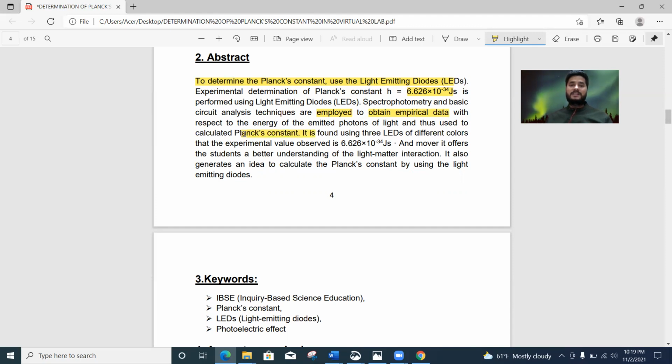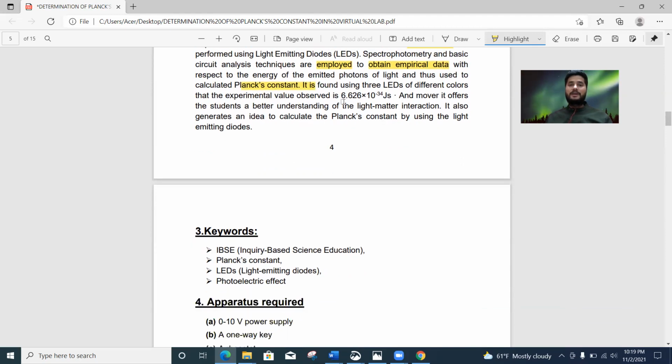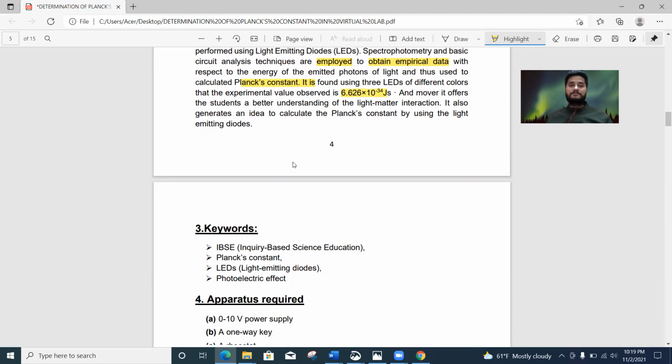This is the main abstract of this experiment, and the value of Planck's constant is nearly 6.67 × 10^-34 joule second.